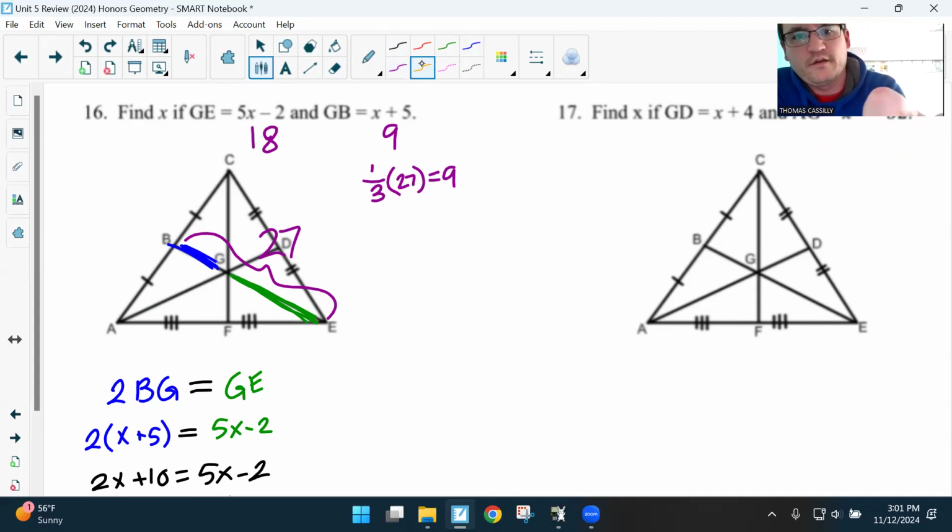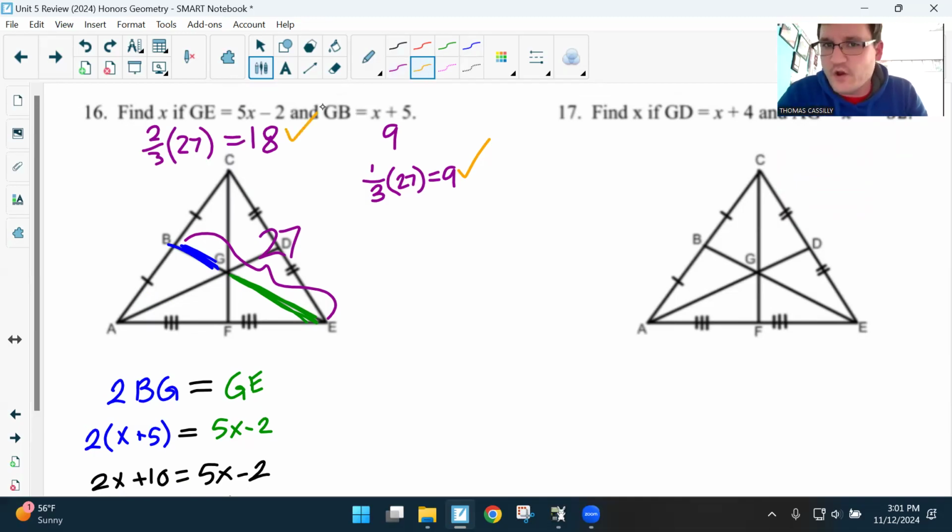That's how we could check ourselves if we wanted to. We know 2/3 of 27 equals 18. So that works. We know 9 is half of 18, so that also works. So there we go. That's how we could check ourselves.